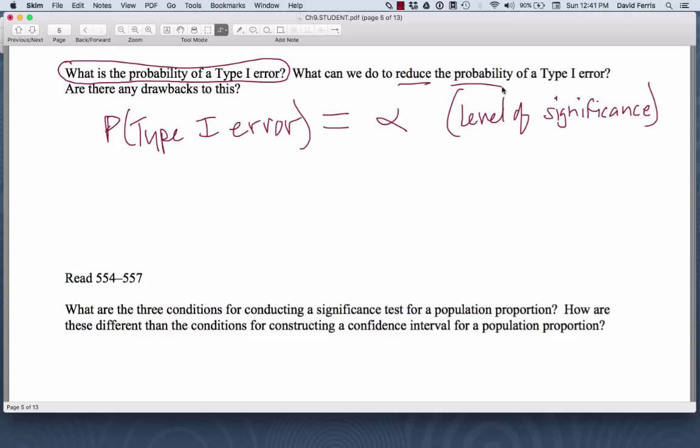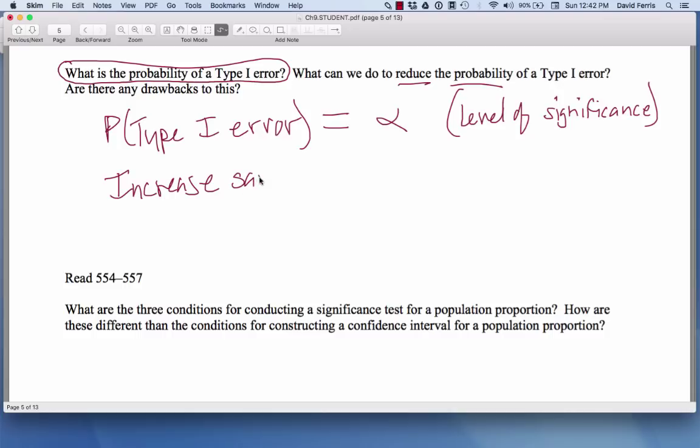And then how can we reduce the probability of a type 1 error? Well, type 1 error is based on having a sample that is a little too close to the mean, and we would like it to be further out. So one of the things we could do is increase sample size. If you increase the sample size, generally you're going to get more accurate results, and if they're more accurate, then they would tend not to land way out away from the null if it's really true.